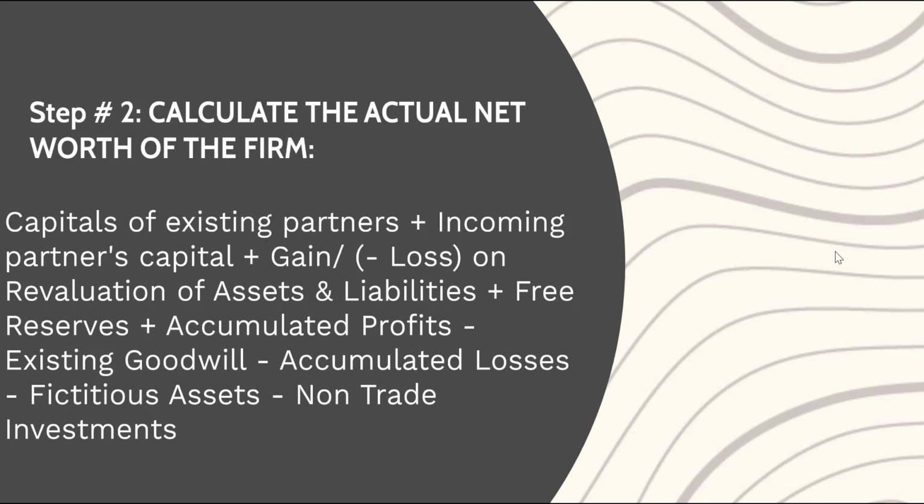For this, we need to take the capitals of the existing partners plus the incoming partner's capital plus any gain on revaluation of assets and liabilities, and in case it's a loss, we need to deduct this amount, plus the free reserves plus accumulated profits minus the existing goodwill minus accumulated losses minus fictitious assets and minus non-trade investments.